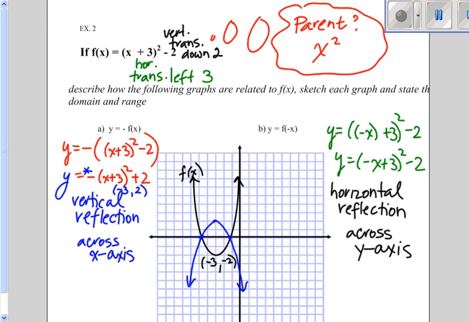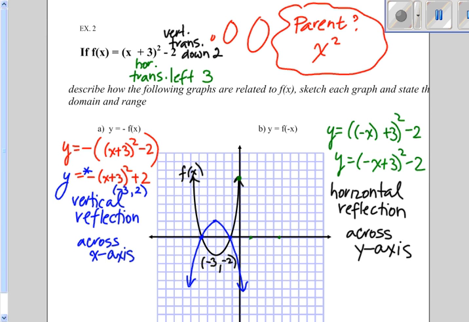So I have an invariant point. That means a point that doesn't change on the y-axis. It's a little hard to see on this one. It's about right there. And everything that was to the left now comes to the right, and so on. So I have x-intercepts about there, and about there. My vertex is the easiest one.